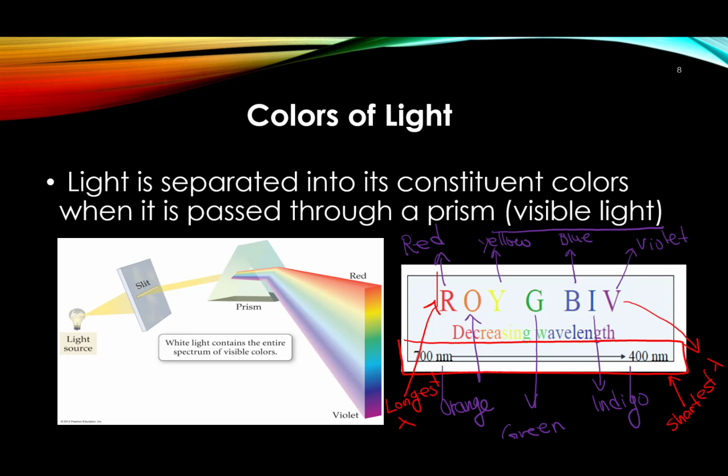Since red has the longest wavelength, it will have the smallest energy and the smallest frequency. Whereas violet has the shortest wavelength, so it will have the largest energy and the largest frequency.